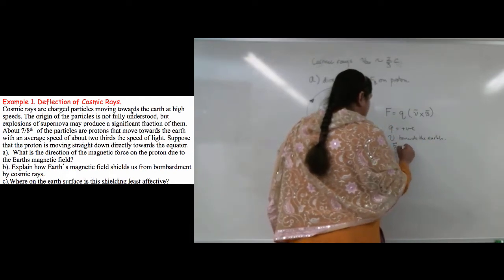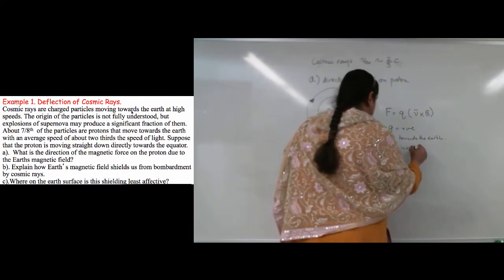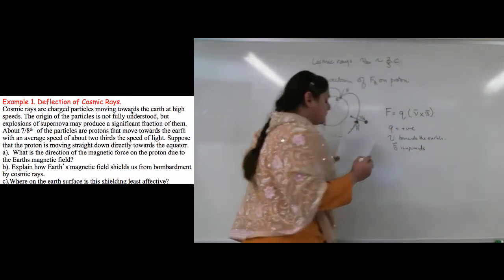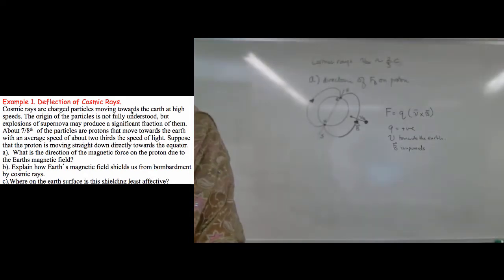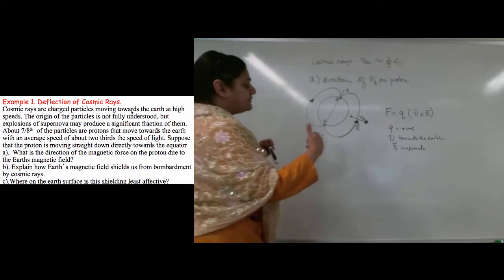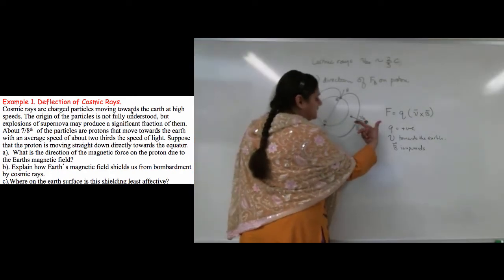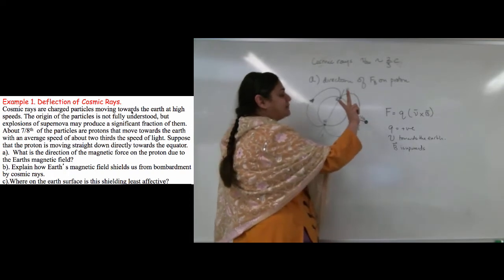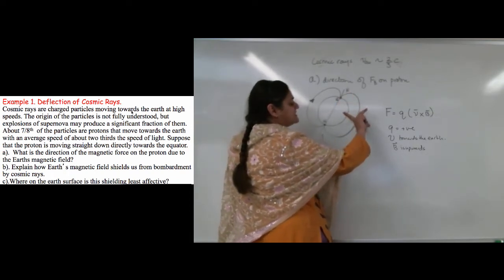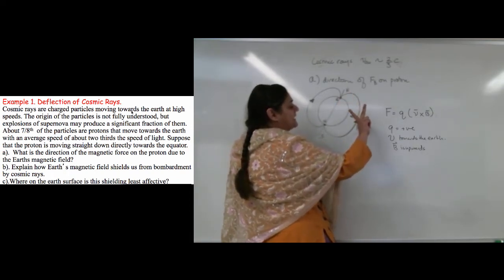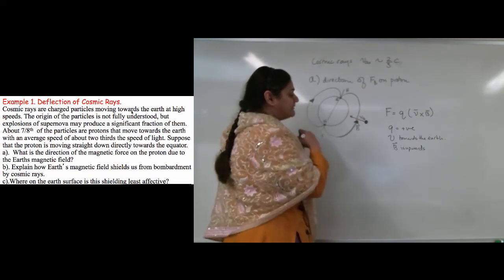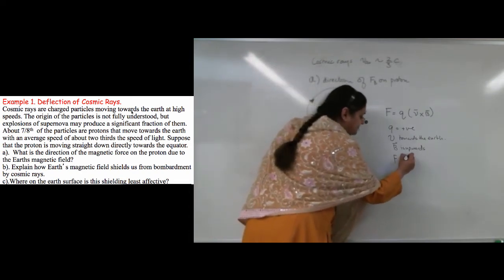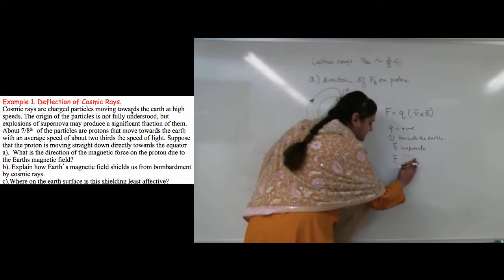B is upwards. So where will FB be? So V goes this way, B goes up. So what direction is my thumb pointing? So V is this one, B goes up, and the direction of my force will be into the page.